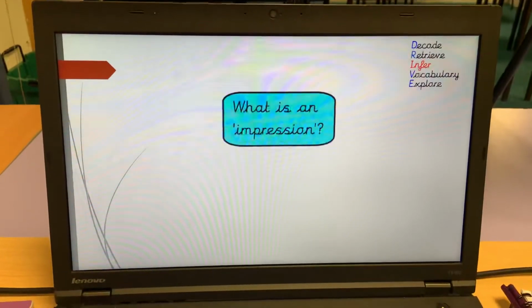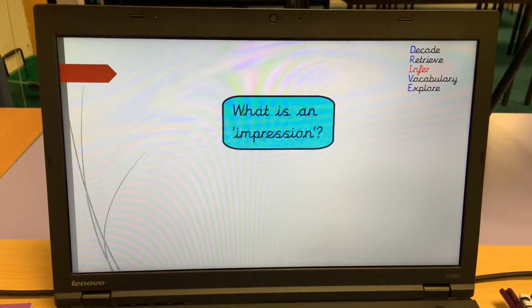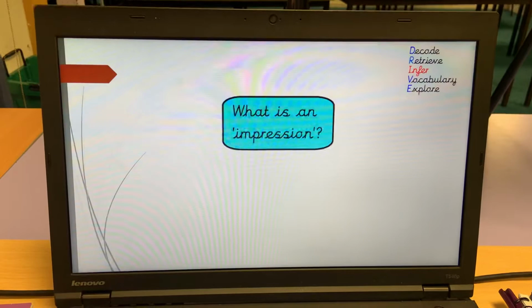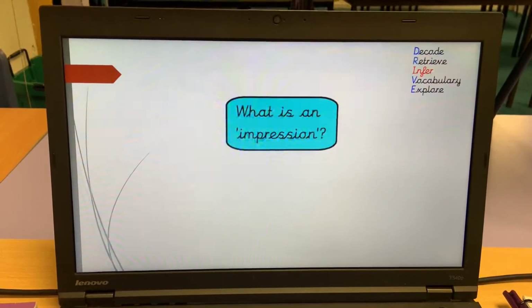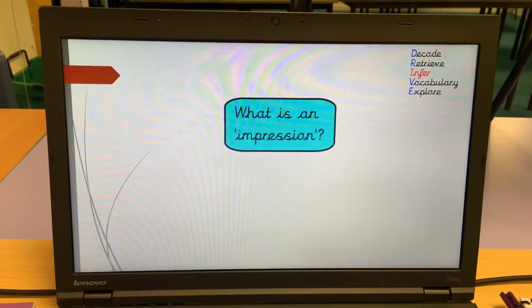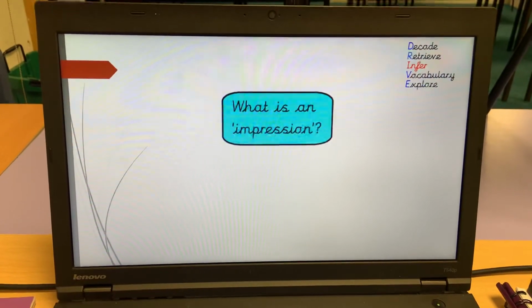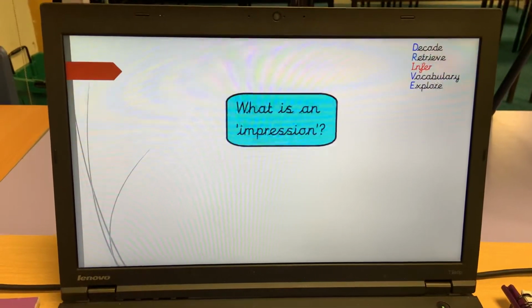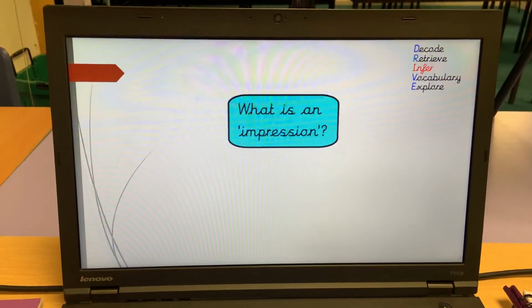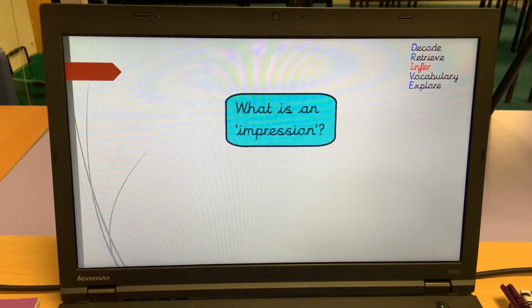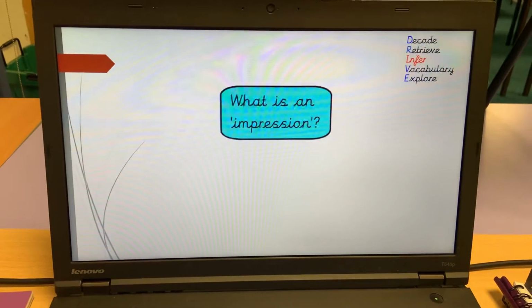So it's taking a text and thinking about what is implied and meant by what the author has written and their choice of vocabulary and language. So it's not what is written in the text and retrieving that information, because that would be retrieval. It's thinking about what's implied, what's meant, what clues have been given about something that the author wants you to work out. And that's what inference is.